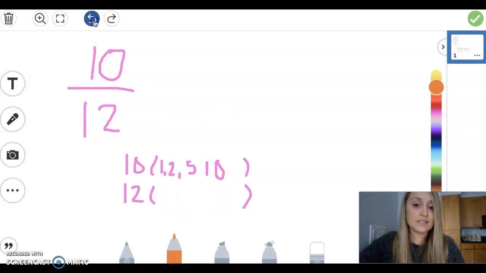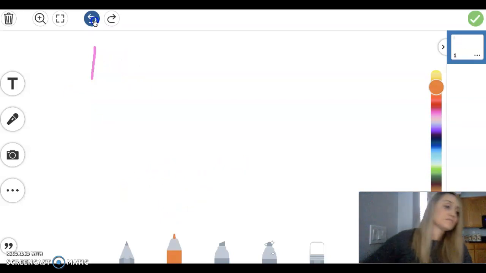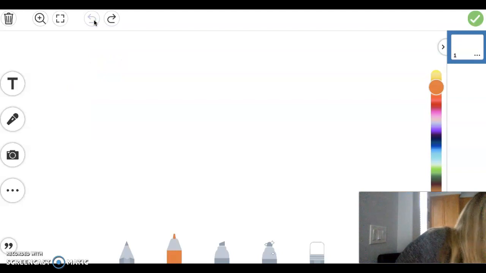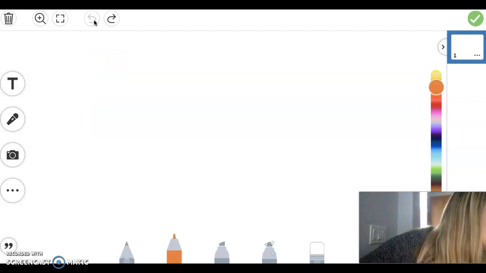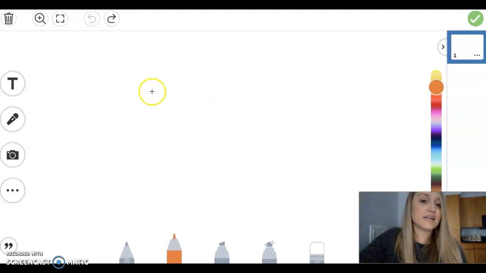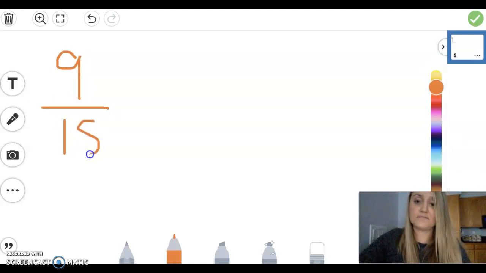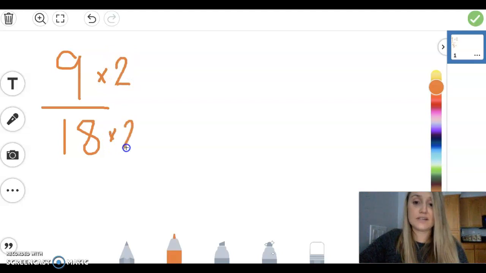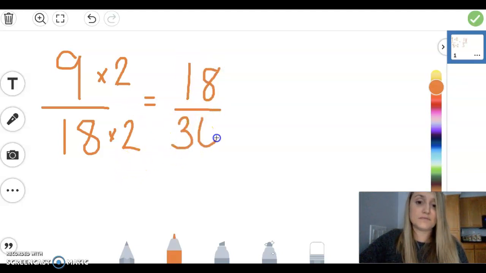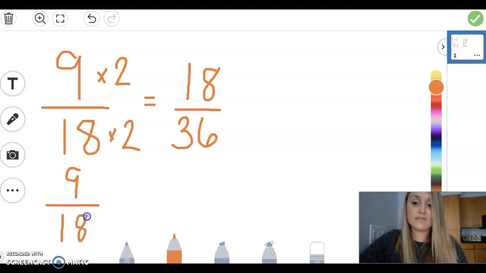I'm going to do a couple examples with you. Let's look at number 5. Okay, so 5 says 9/18. Here you could do 9 times 2, and times 2 here. So you'd have 18, then 36. Also on this one, you could divide.